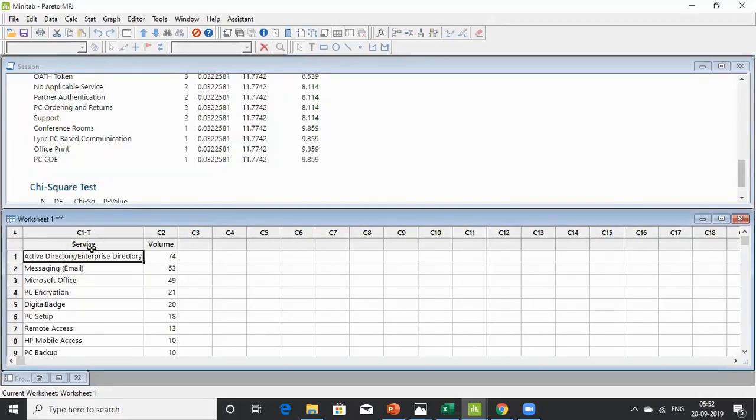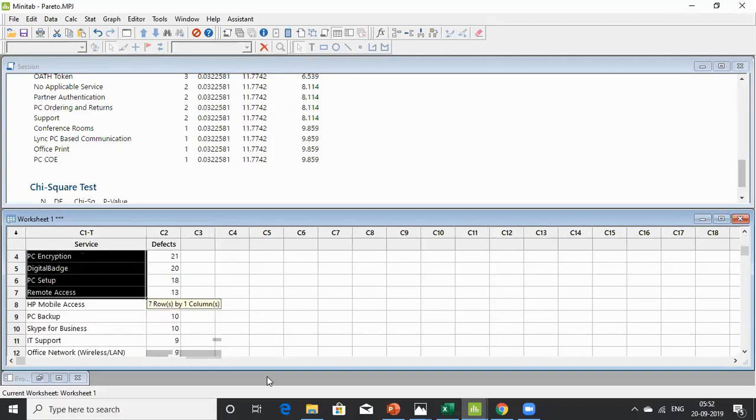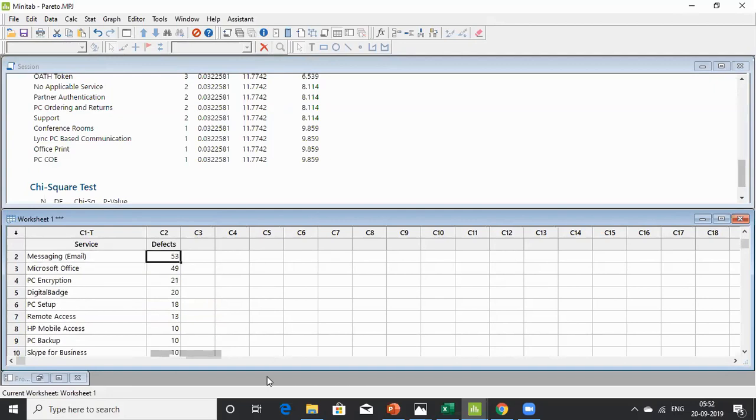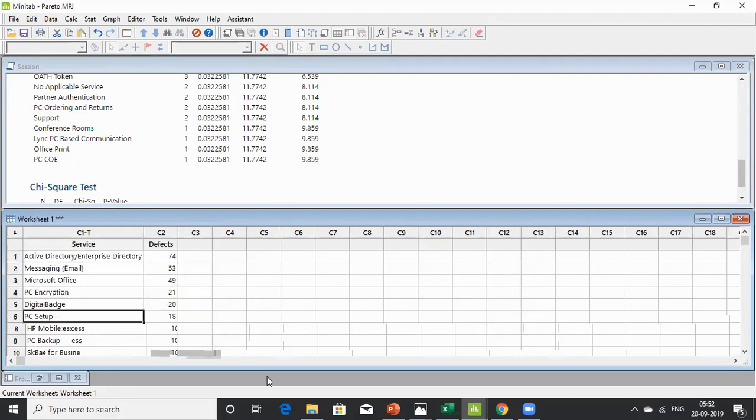Okay, now this is the list of service that we have, and there is volume. Let's imagine this is defects. Now I'm trying to find out whether any of these categories are significantly impacting my Y or not, which means: should I really go and do research to start fixing issues between these categories to improve my Y, or will I be wasting my time?